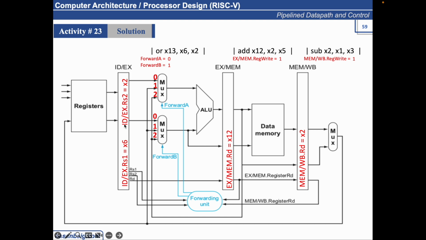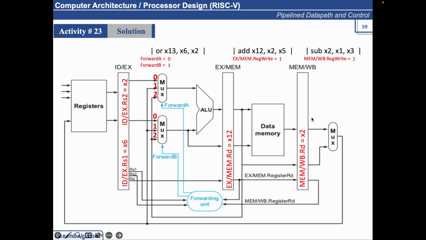So the data for RS2, the second input of the ALU, must come from forward B, so the forward B signal is 1. It must come from this mem write back pipeline register, because the updated value of x2, from the x1 minus x3 operation, is placed in this mem write back register.